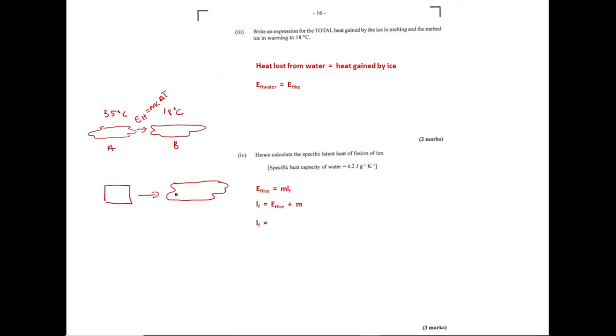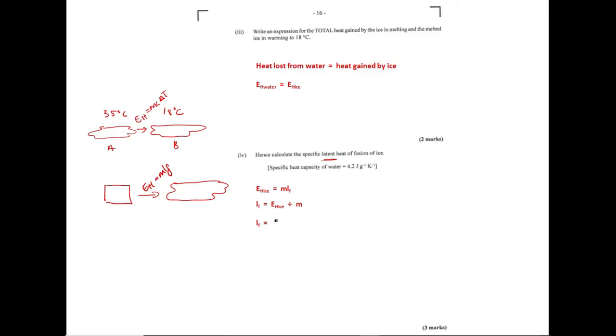Whenever you see the word latent, we're looking at the phase change, right? We say EH equal to MLF. So from solid to liquid, liquid to solid, that's latent heat of fusion, and we're trying to solve for that.